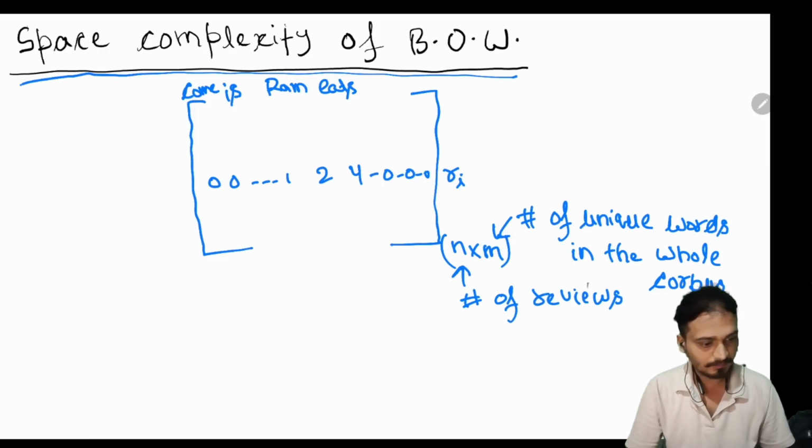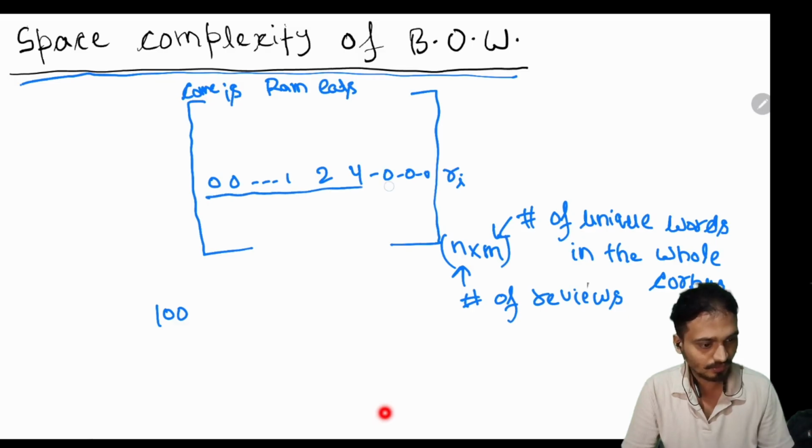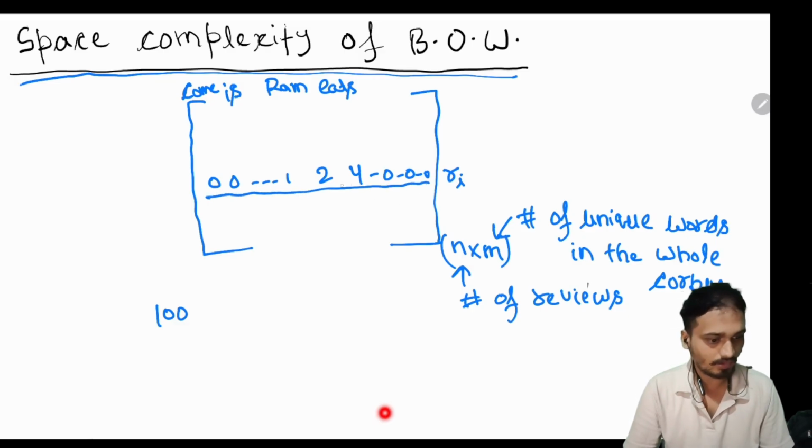And what will be the space complexity of this particular review? So let's calculate. Here it's very simple. Let's say, just for example, we have 100 dimensions, so space complexity will also be 100, since we are using all of the columns.